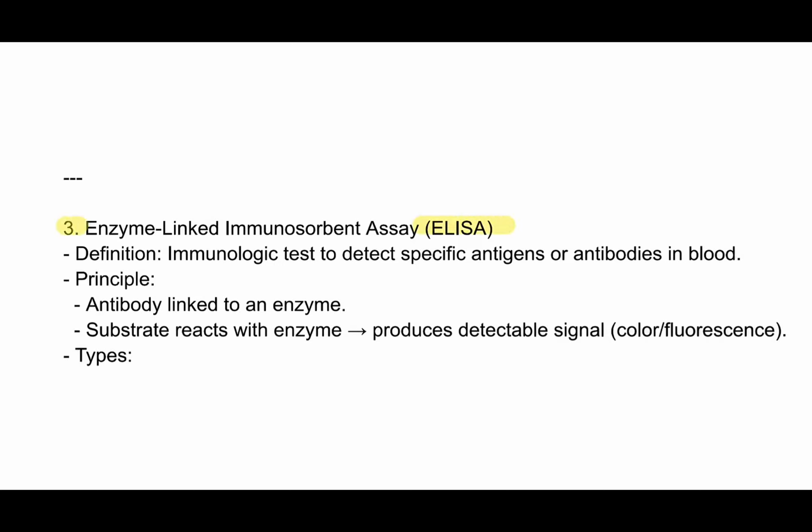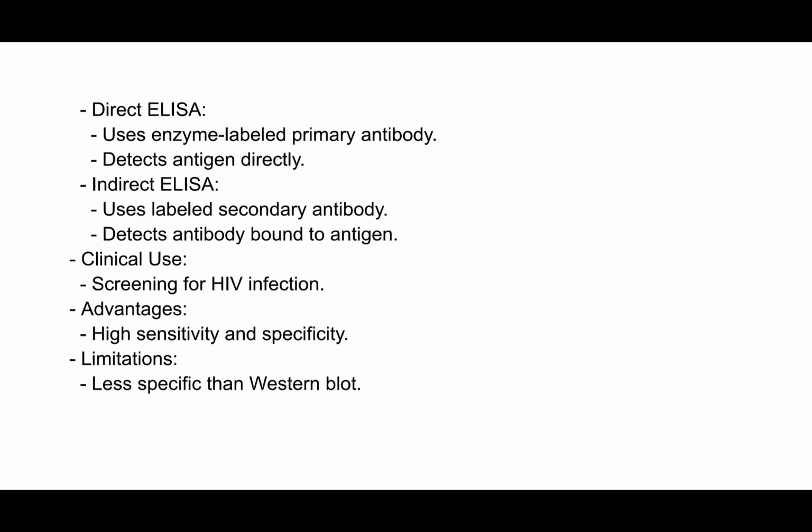ELISA or Enzyme-Linked Immunosorbent Assay. The definition of ELISA is: it is an immunologic test used to detect specific antigens or antibodies in the blood. Principle: an antibody linked to an enzyme, the substrate reacts with the enzyme and produces detectable signals, color or fluorescence.